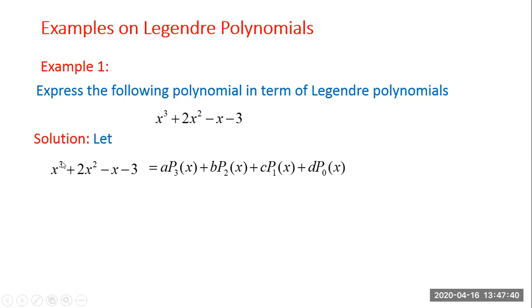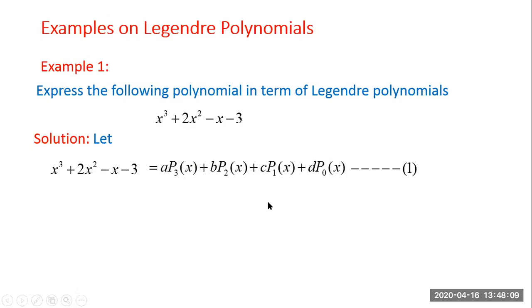Here we have the highest power of x as 3. So we'll start with P3 of x: a into P3 of x plus b into P2 of x, plus c into P1 of x plus d into P0 of x. Here P0, P1, P2, P3 are Legendre polynomials. a, b, c, d are constants that need to be found by using the actual Legendre polynomials.